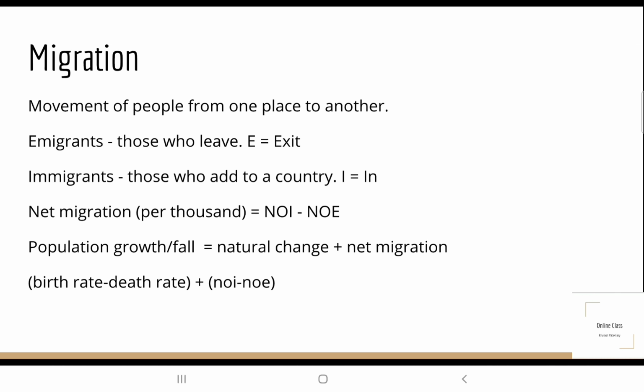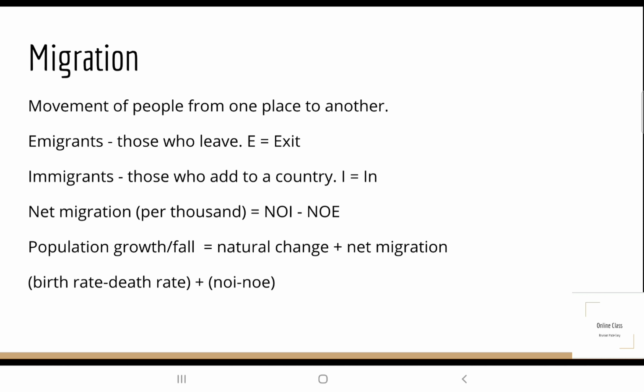So net migration for an area. This is a formula that you may be asked to work out in your exam. Net migration for a particular area is the number of immigrants minus the number of emigrants. So you take the number of people coming into a country, and you subtract the number of emigrants, the people who are leaving the country.